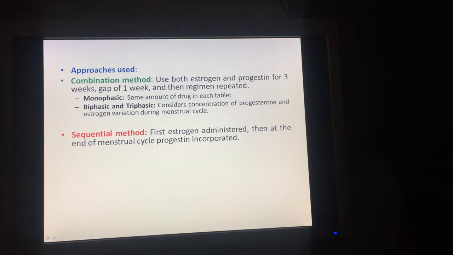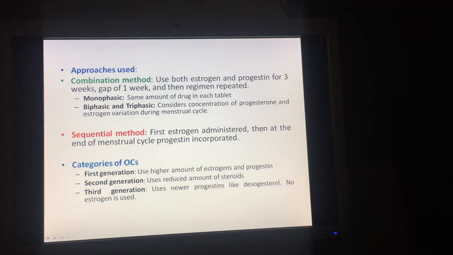Now coming to the categories of oral contraceptives, we have three categories, called first generation, second generation, and third generation oral contraceptives. The first generation oral contraceptives use a higher amount of estrogens and progestin.